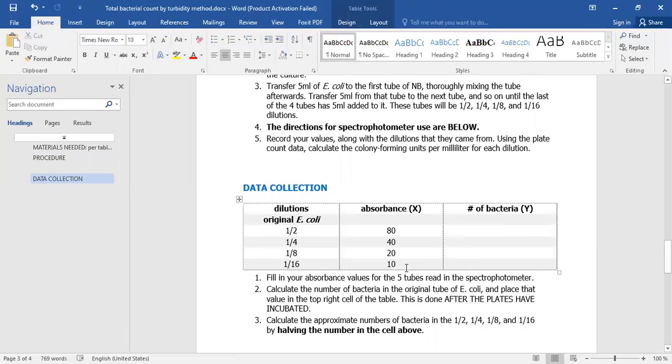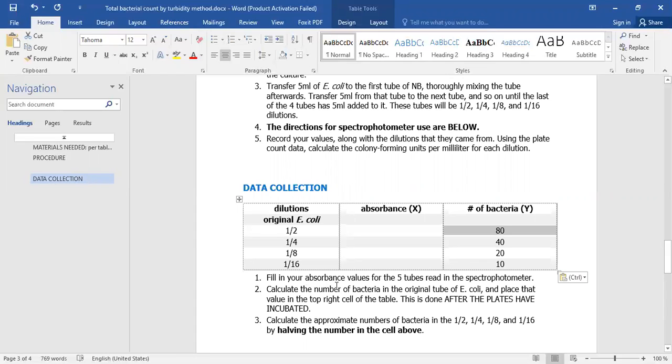In this video, we'll discuss the result analysis of the bacteria. As you know, the more absorbance, the more bacteria is found, and the less absorbance by the spectrophotometer, the fewer bacteria are found.